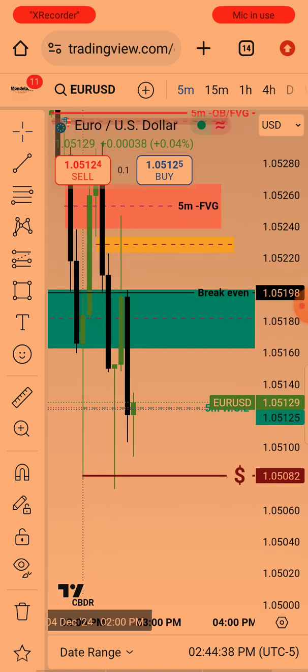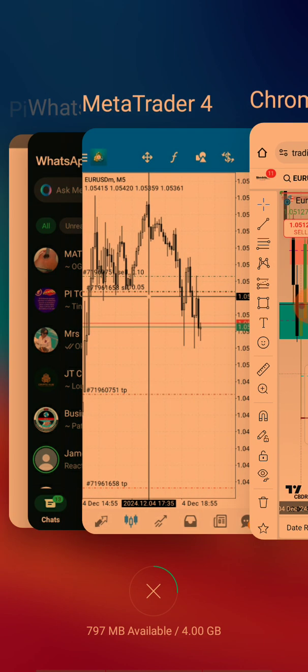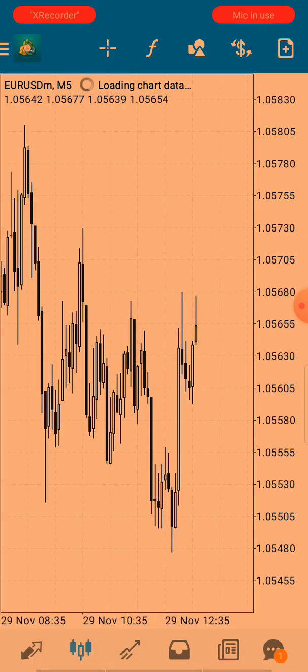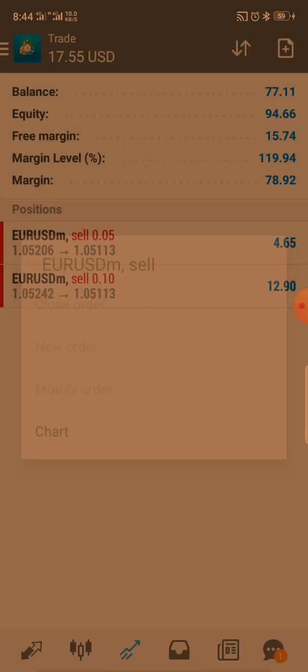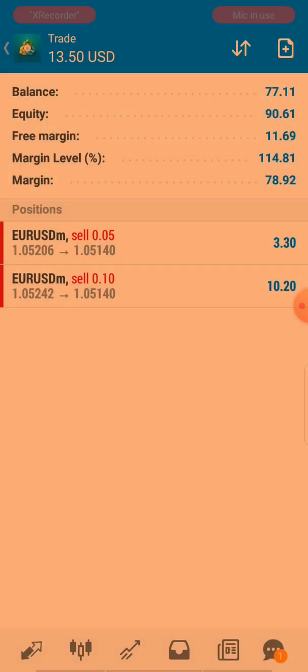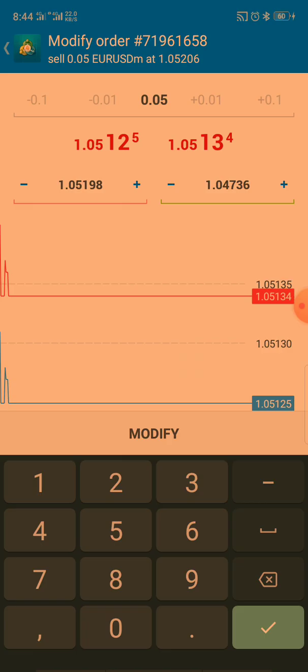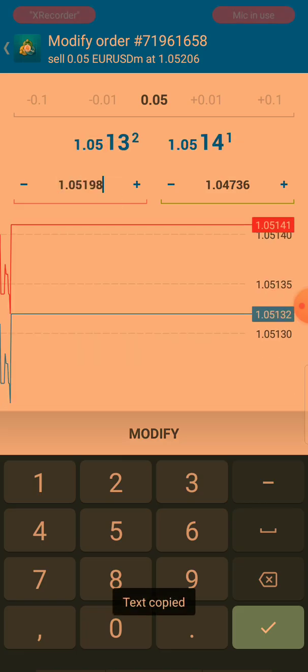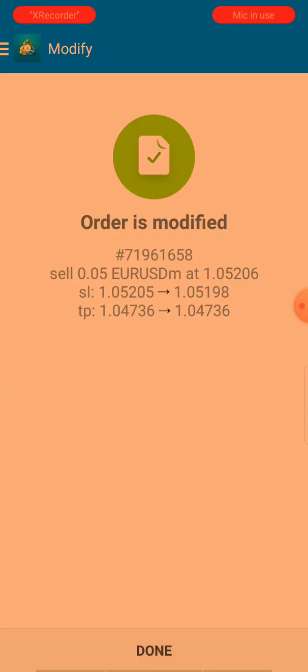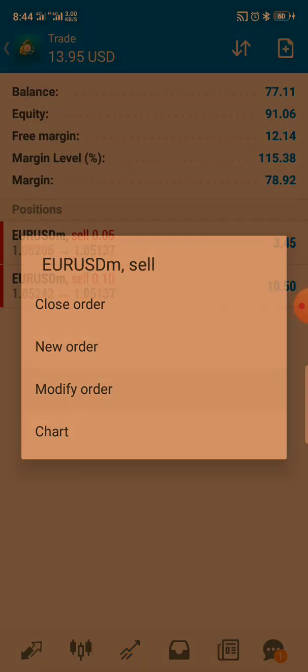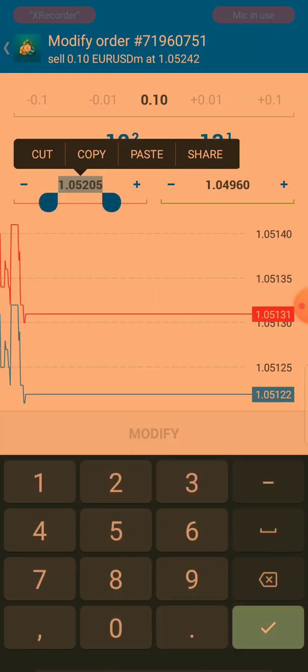So I'm on break even right now, 1.05198. Let me copy it because I'll apply it to the other one. Now you can see that the money is dropping to $13, right?